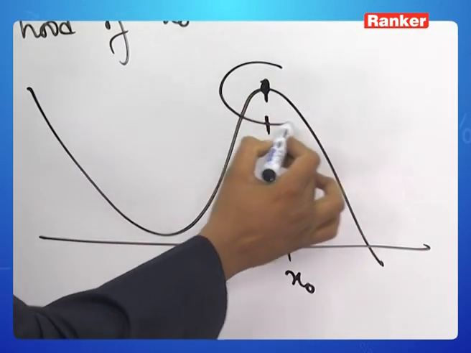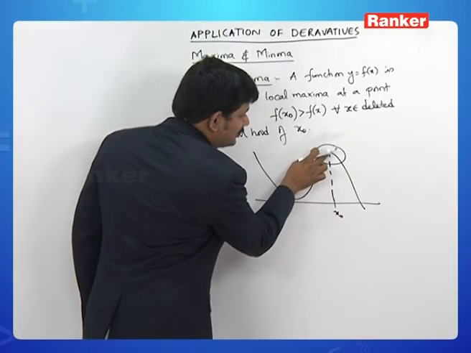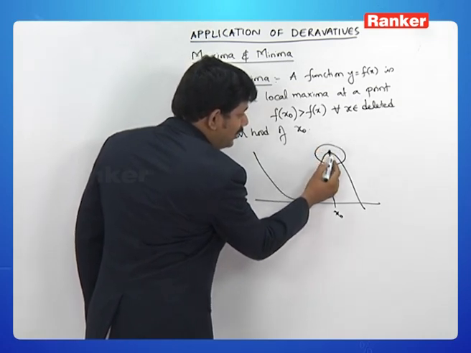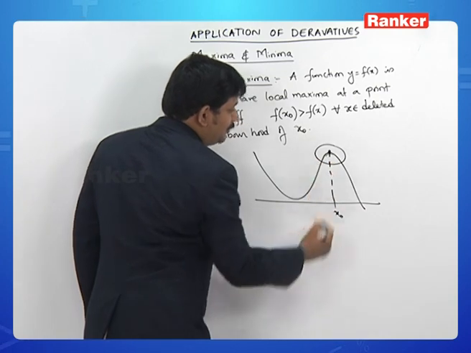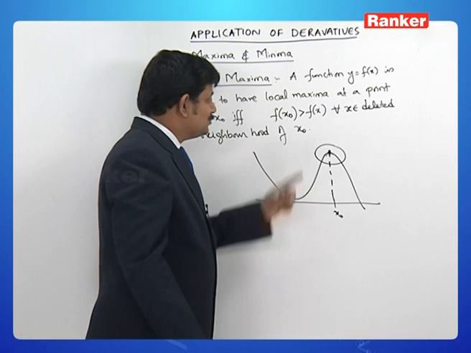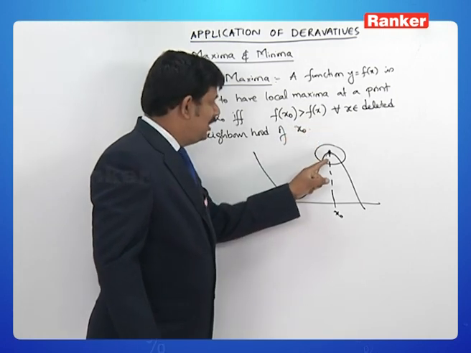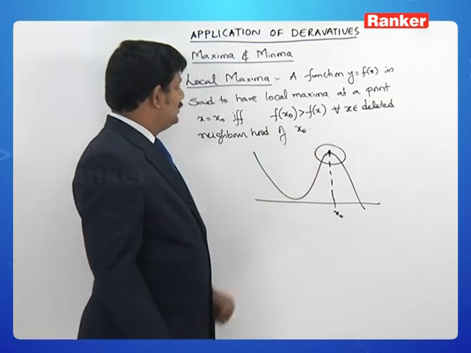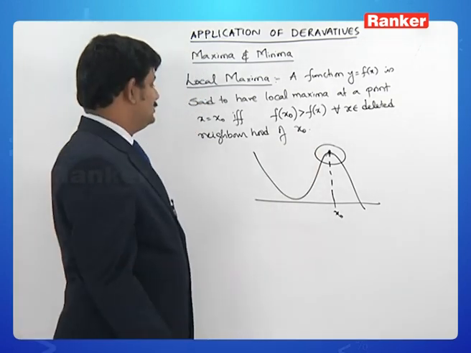Just observe this carefully. The y coordinate at this peak point is much bigger than the y coordinates at all the surrounding points. So, because f of x naught is more than f of x for all x belonging to the deleted neighborhood, x naught is a point of local maxima.